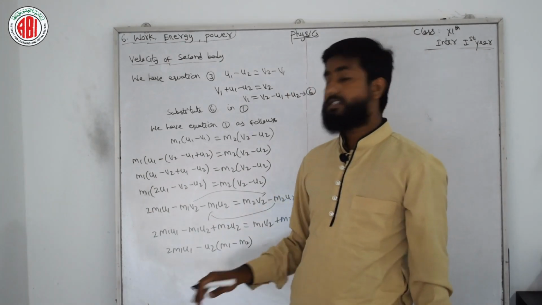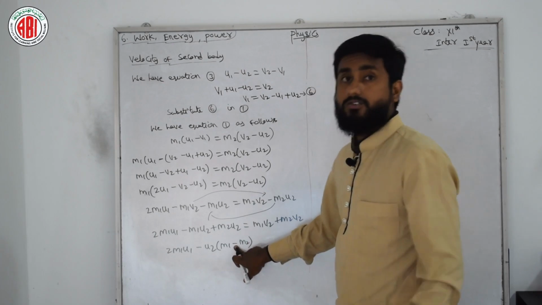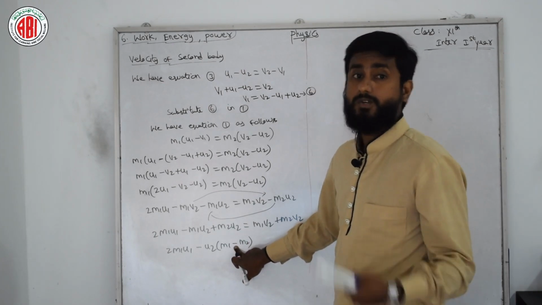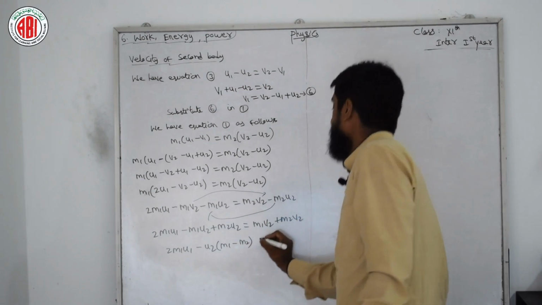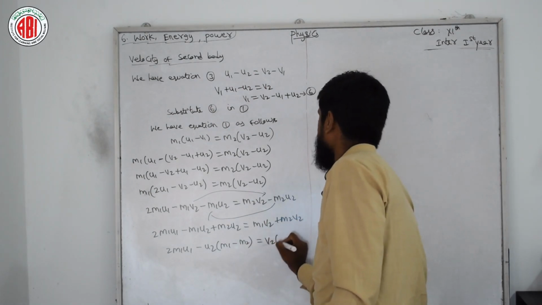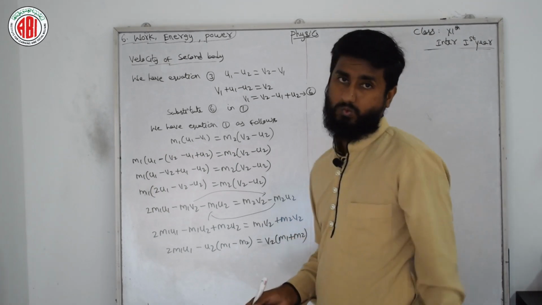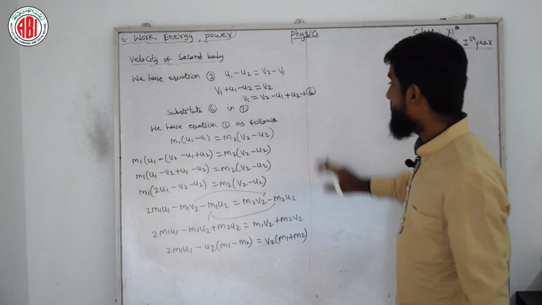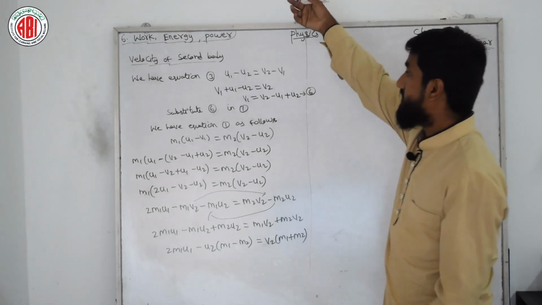In this step some of the students might get confused and keep this as plus, so that the equation becomes wrong. So here we need to be alert and careful. Here I am taking v2 common, so v2 remains times m1 plus m2.